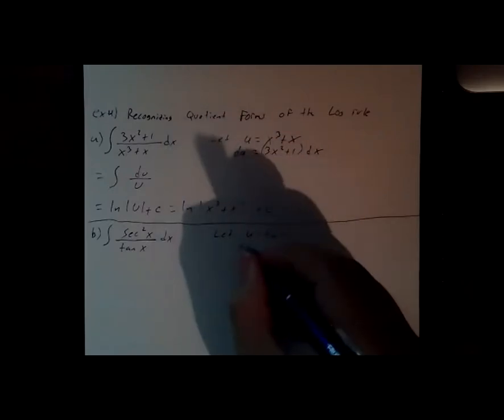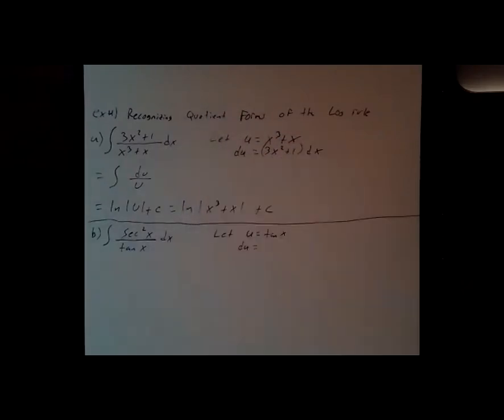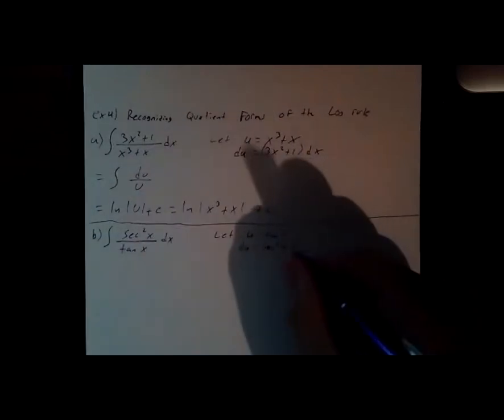So, what do you think is a good sub for u? Tan x. Yeah, let's do tan x. What is the derivative of tangent x? Secant squared x. Yeah, it's secant squared x dx. So then, it's going to be a straight up sub.